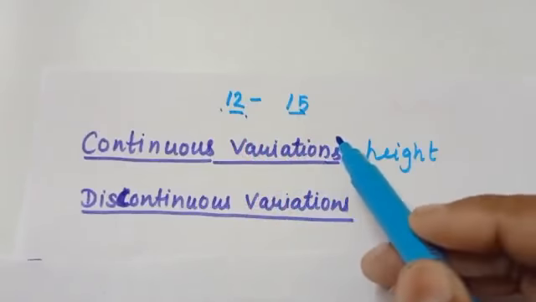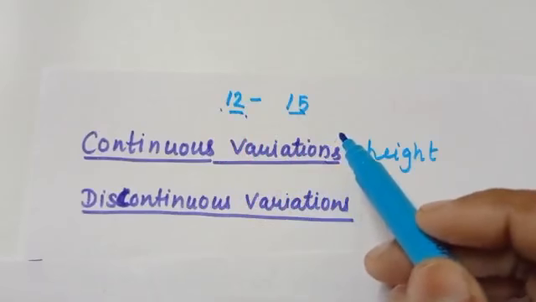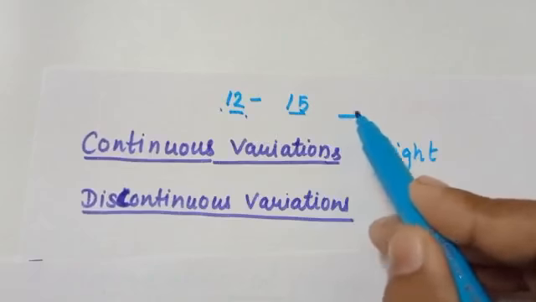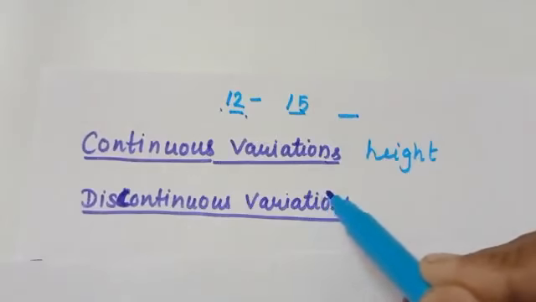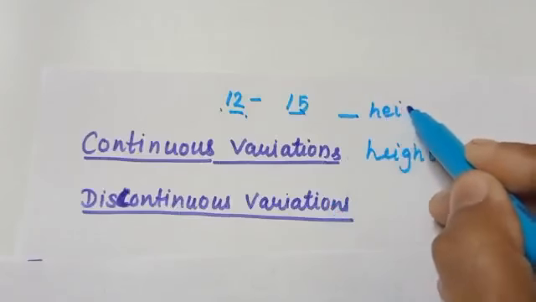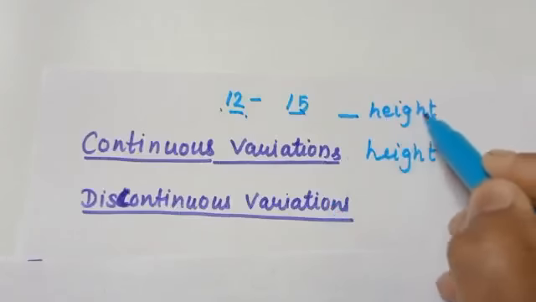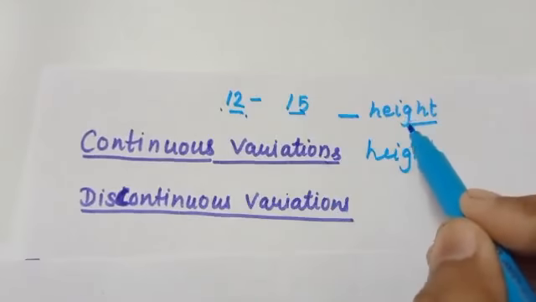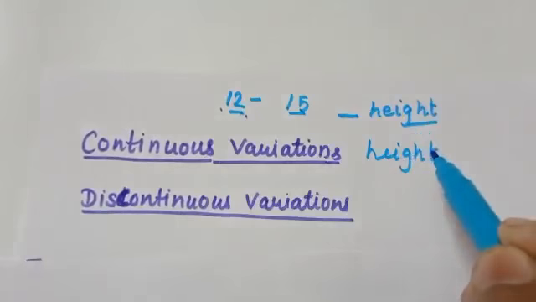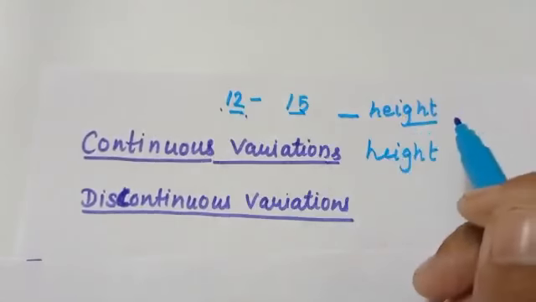They will range from small to tall, and most of the students will have the average height. So this shows that height is a continuous variation. It keeps on transferring from one person to another, from one generation to another.